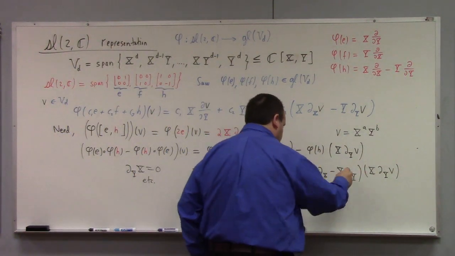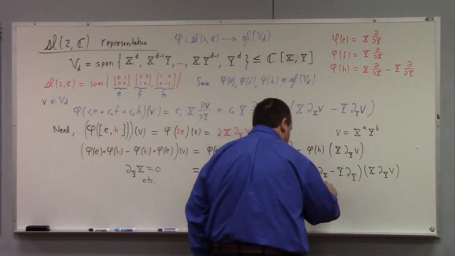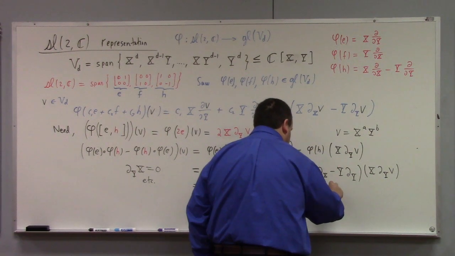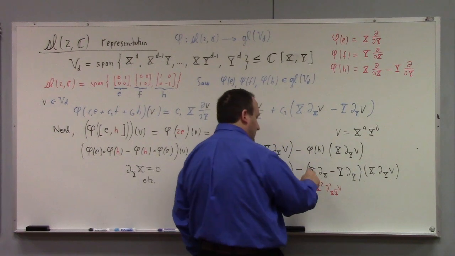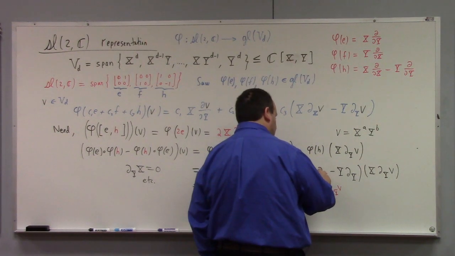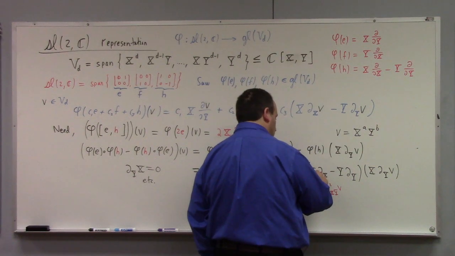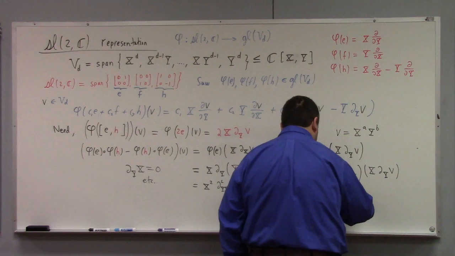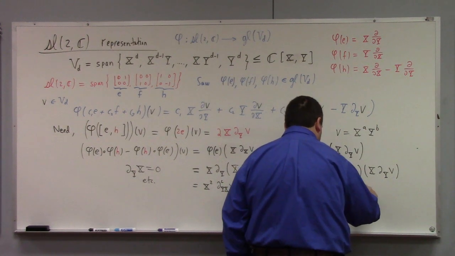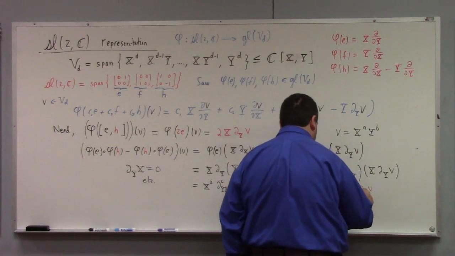So then I get an x squared partial squared xy acting on v. And then minus x partial y acting on v.